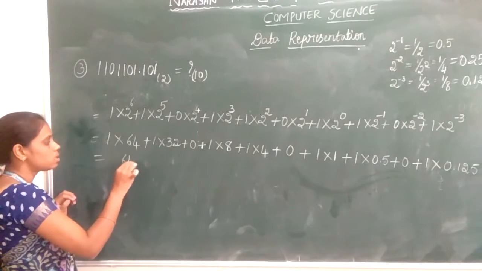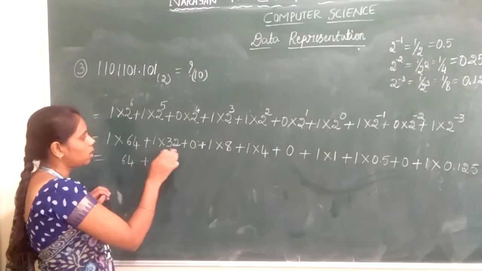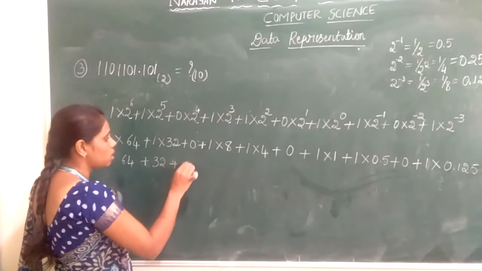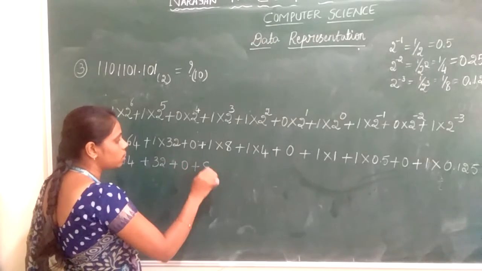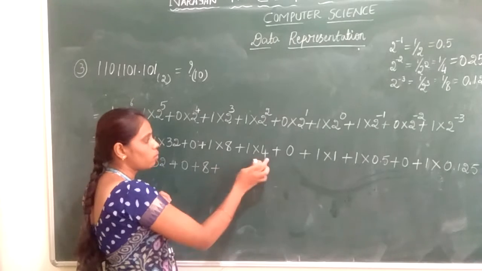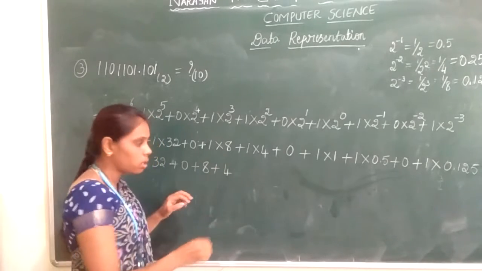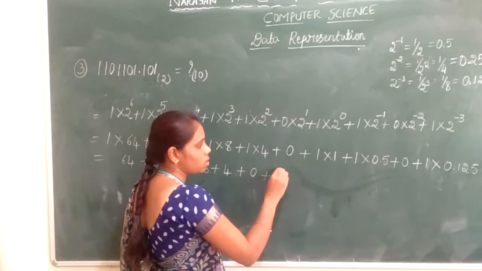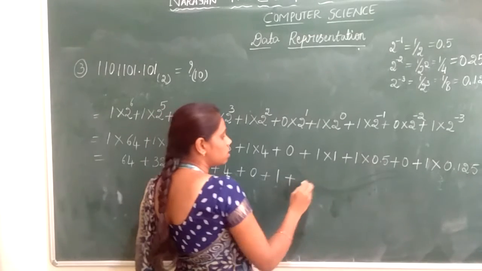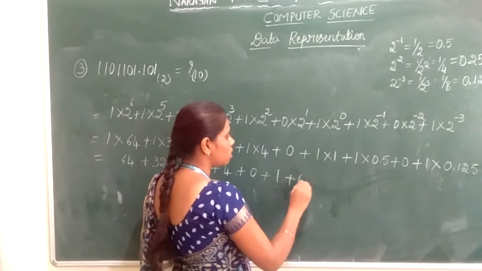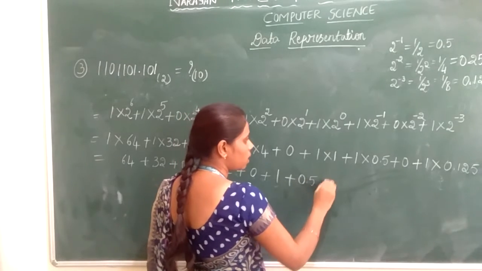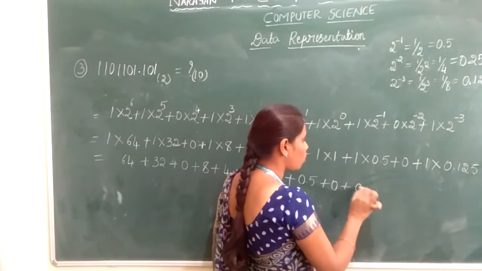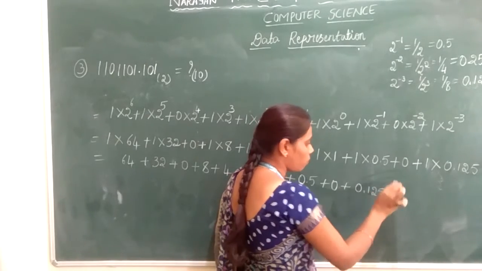Now multiply this. 64 into 1 is 64 plus 32 into 1 is 32 plus 0 plus 8 into 1 is 8 plus 4 into 1 is 4 plus 0 plus 1 into 1 is 1 plus 0.5 into 1 is 0.5 plus 0 plus 1 into 0.125 is 0.125.